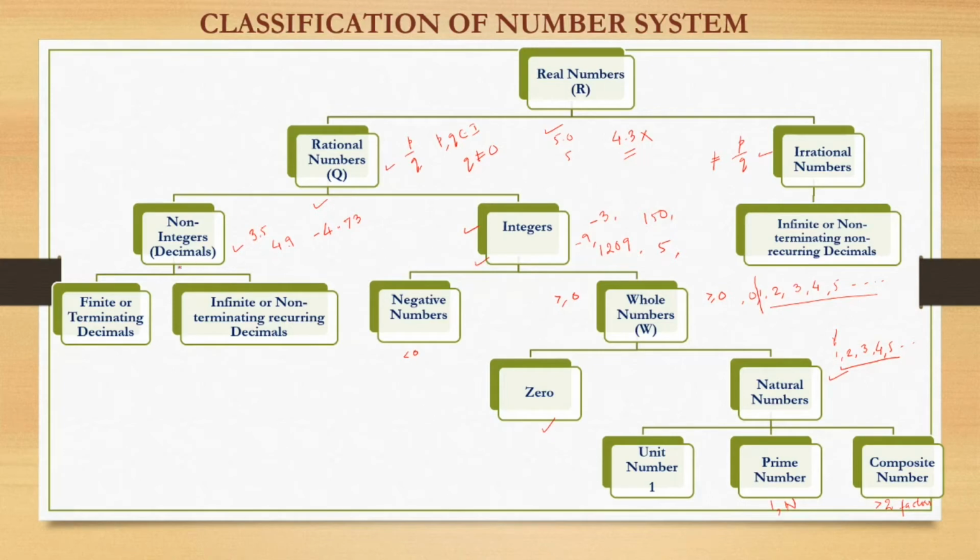Now coming back to the non-integer classification, which is decimals. So decimal can further be classified into finite terminating decimal and infinite non-terminating decimals. So finite or terminating decimal means a decimal like say 1.2, 5.4, 6.57, 103.75.